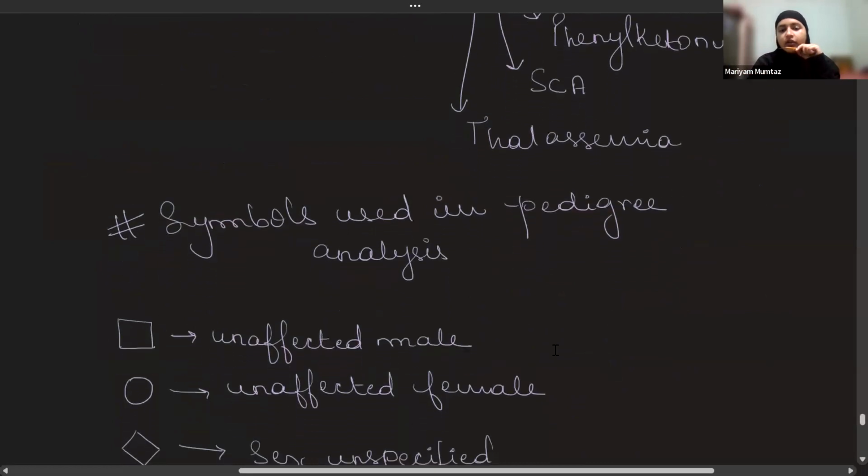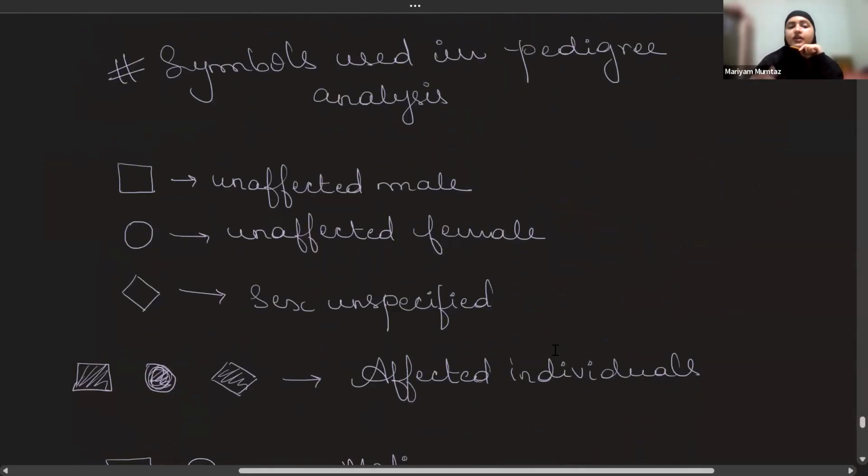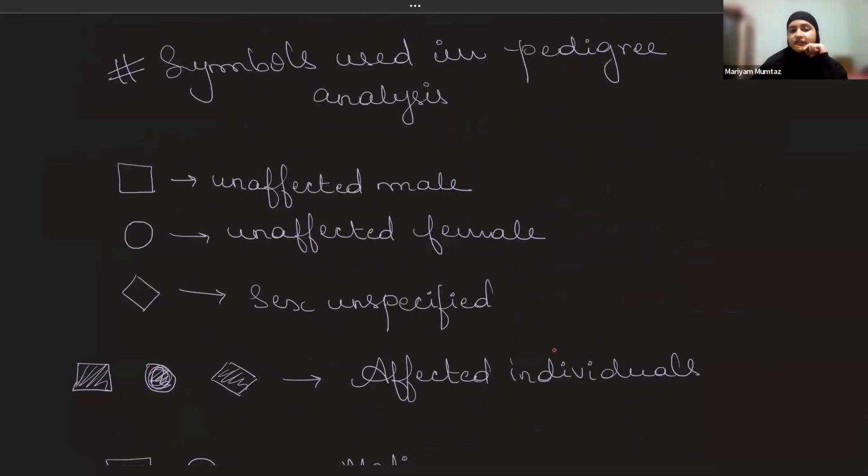Now, talking about the symbols which are used in pedigree analysis. A normal square is used to denote an unaffected male, meaning a male that is normal and does not have any disease. A circle would represent an unaffected female. This diamond shape would represent sex unspecified; we do not know whether it is a female or a male.